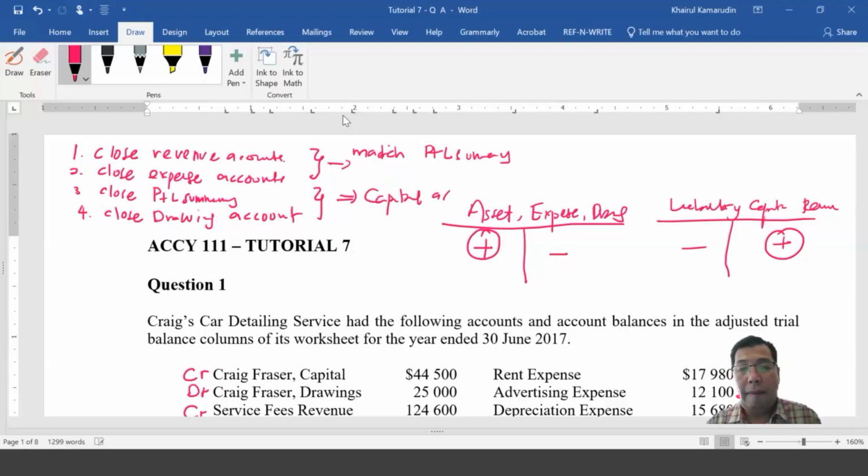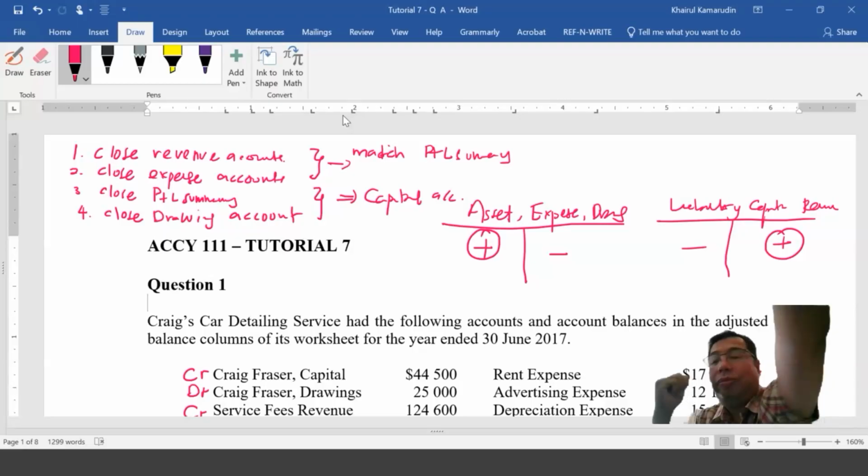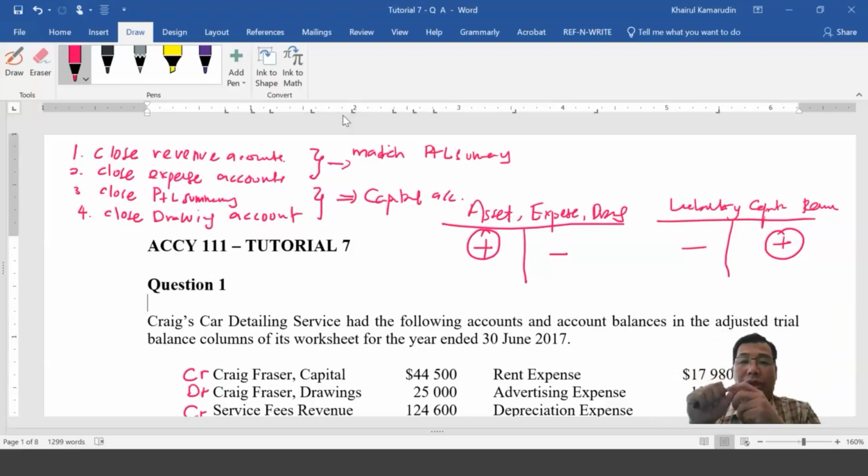So this is the tip, very easy. 4 steps: revenue, expense, P&L summary, and drawing. You're going to close number 1 and number 2 with the P&L summary, number 3 and number 4 with your capital accounts.